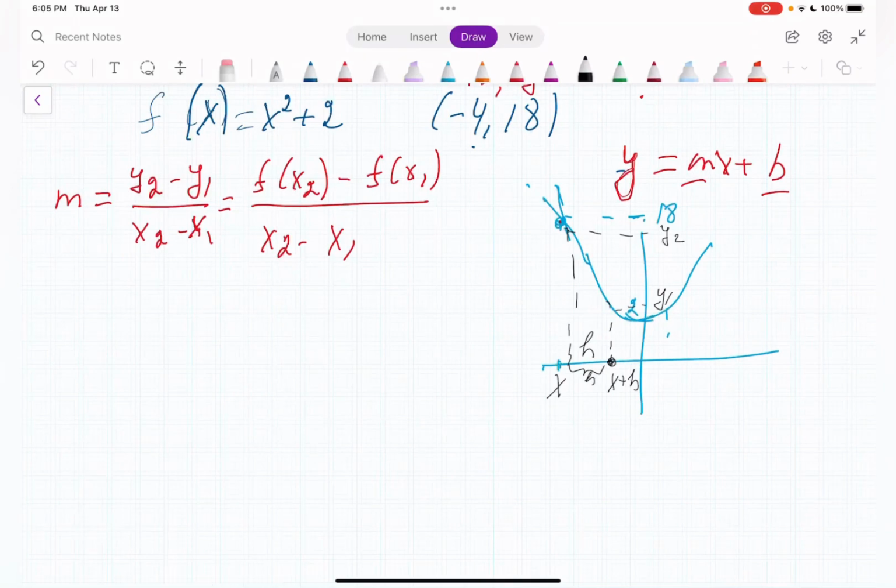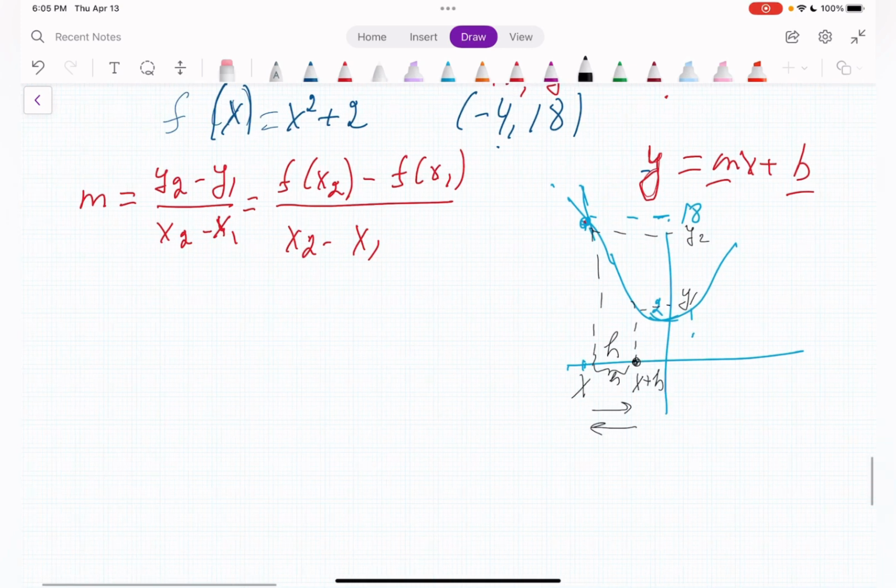Yes? So I can go from x to x plus h, or from x plus h to x. Accordingly, for x it's going to be f of x, and for this one it's going to be f of x plus h.